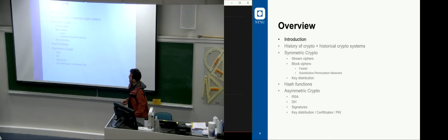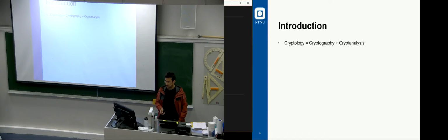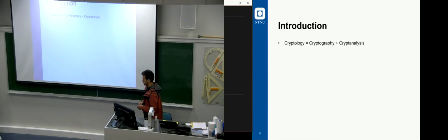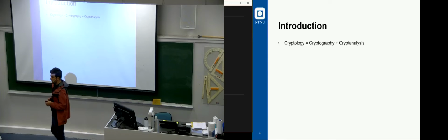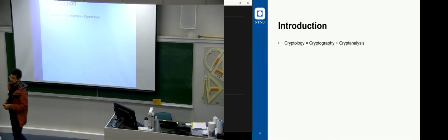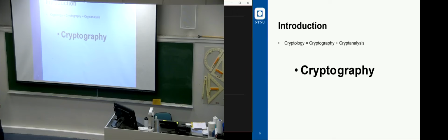So coming to this history part, cryptology actually has two main terms. One is cryptography, and the second is cryptanalysis. This word cryptology, as you can see, is formed of two words.